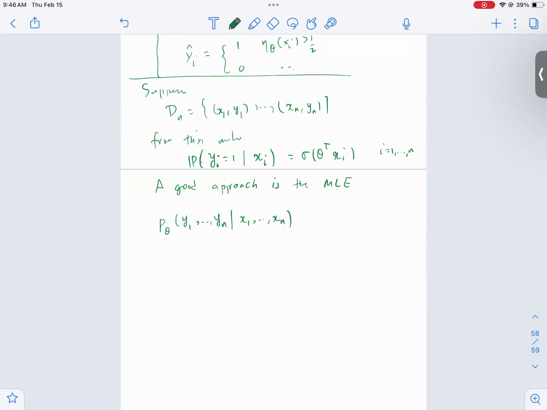Okay, and this is a conditional probability mass function. What this means is I could put 0s and 1s here for each of them, and this gives me the probability that I observe that particular sequence of 0s and 1s given all these x's, because we have a model for this. So what is the model?